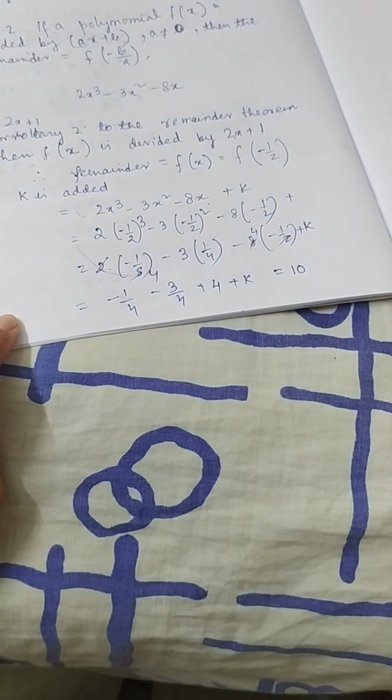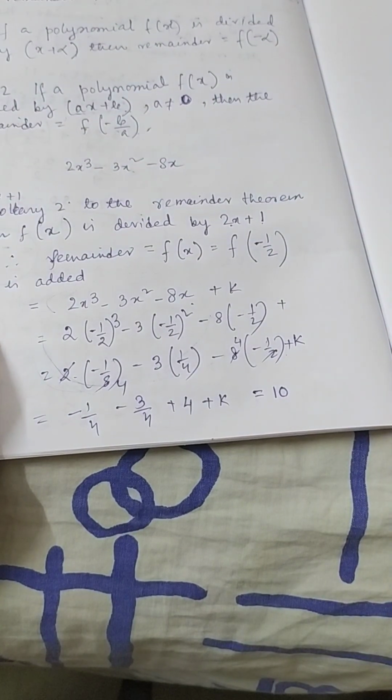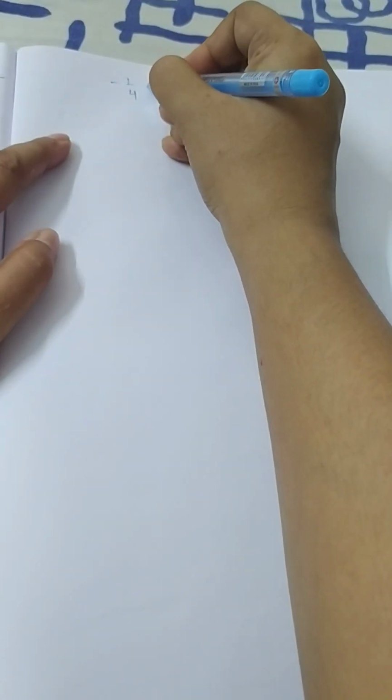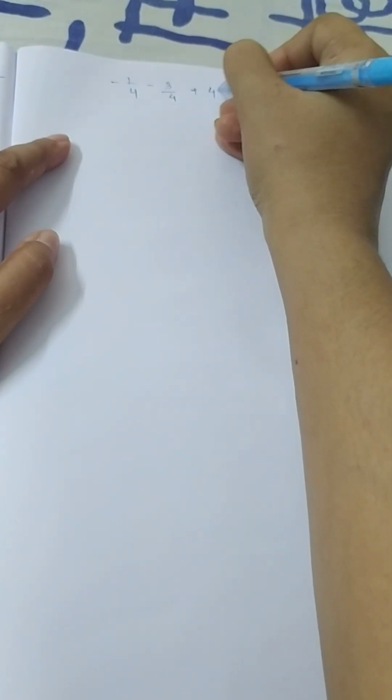So I can write this equation like this: minus 1 by 4 minus 3 by 4 plus 4 plus k is equal to 10, right?